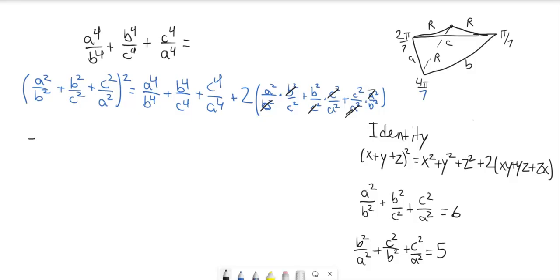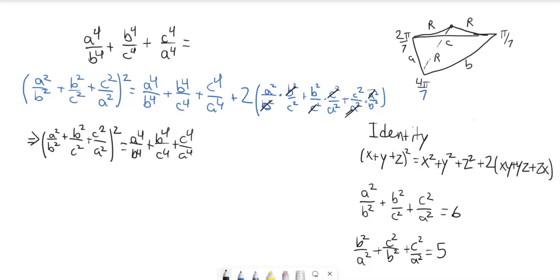I'm going to rewrite this as a squared over b squared plus b squared over c squared plus c squared over a squared, all quantity squared, plus the part we're looking for, a to the fourth over b to the fourth plus b to the fourth over c to the fourth plus c to the fourth over a to the fourth, plus 2, and here's what we have left inside: a squared over c squared plus b squared over a squared plus c squared over b squared.